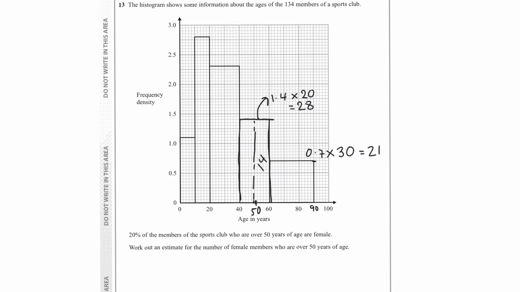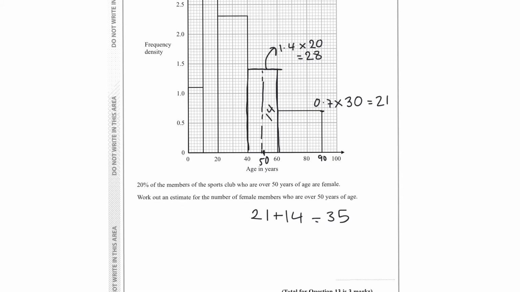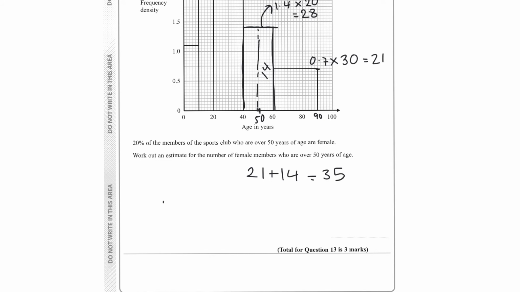If we now add those values together, so the 21 plus the 14, because remember only half the bar, that's 35. And it says that 20% of over 50 people are female. So to work out the estimate, we need to work out 20% of 35.